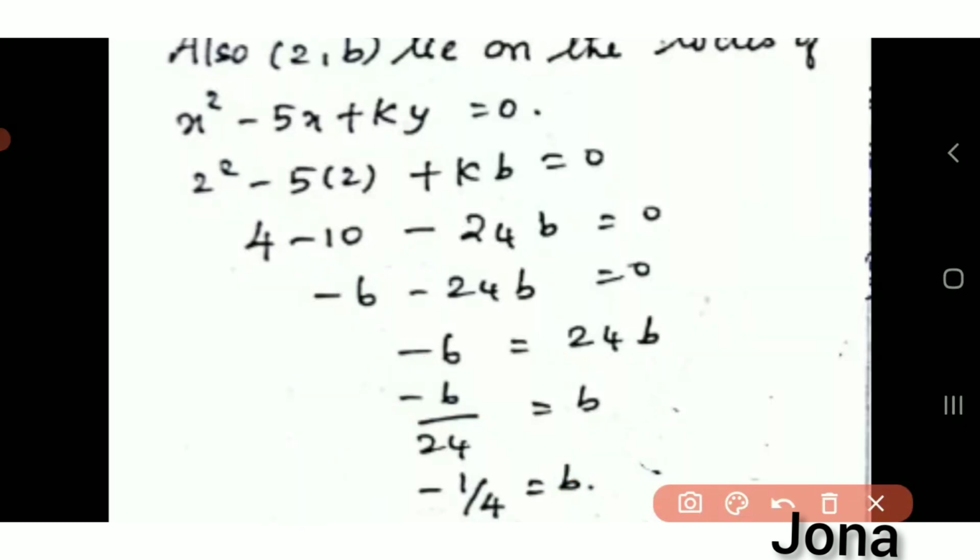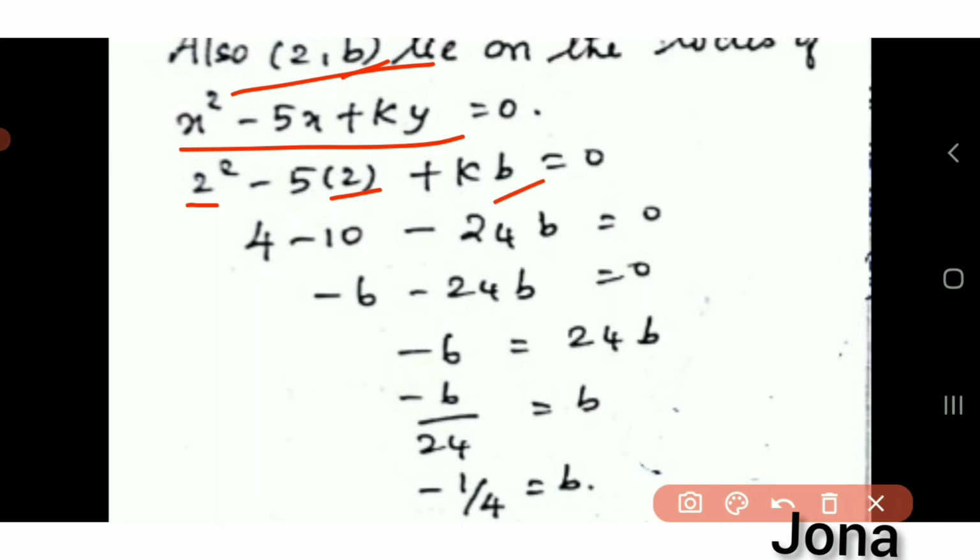Here 2 comma b lies on the locus, that is x square minus 5x plus ky equal to 0. Substitute the values of x and y in the given equation. Instead of x we put 2, so 2 square minus 5 into 2 plus k into, instead of y we substitute b, so kb equal to 0.